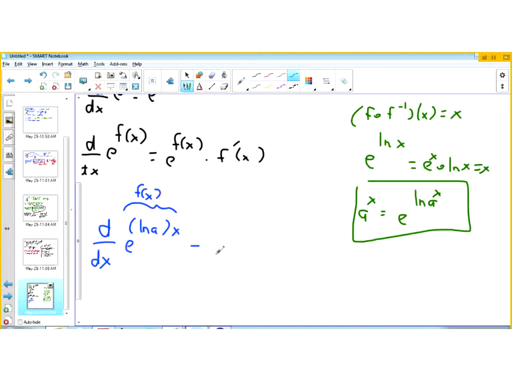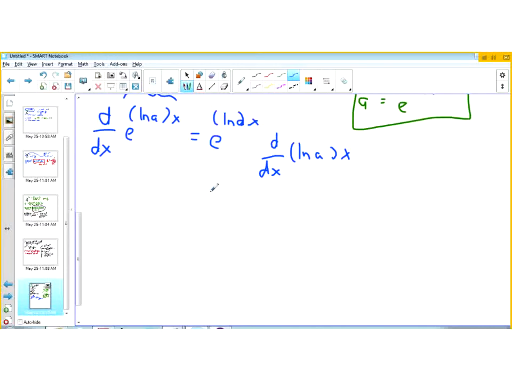If we do the calculation, this would equal the function itself times the derivative with respect to x of the function in the exponent, so the derivative with respect to x of ln(a)·x.